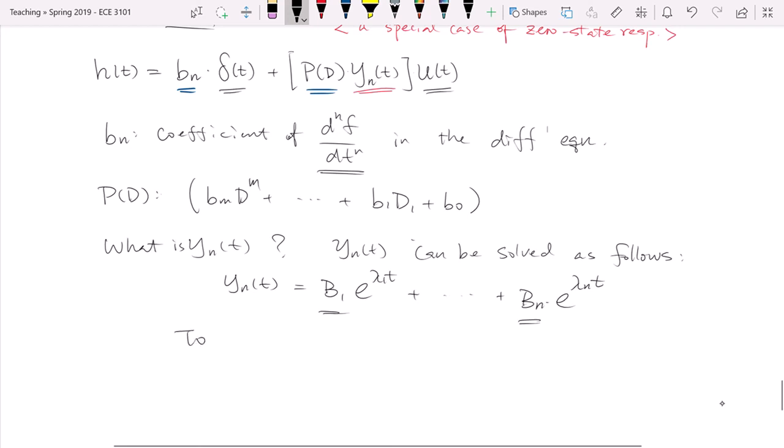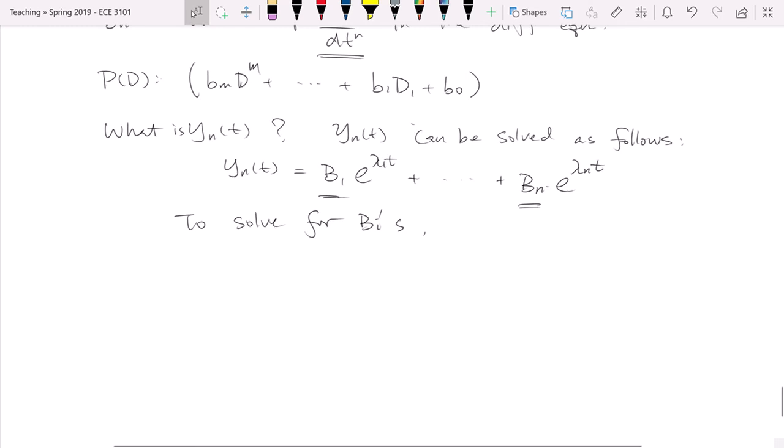To solve for the b_i's, we use the following special set of initial conditions. I want to say quote unquote initial conditions.